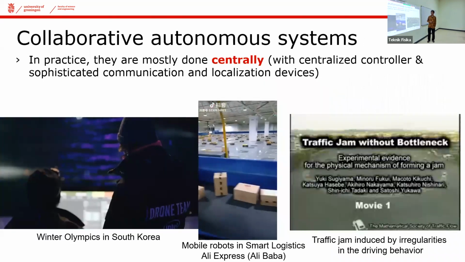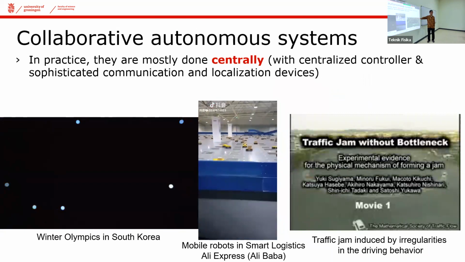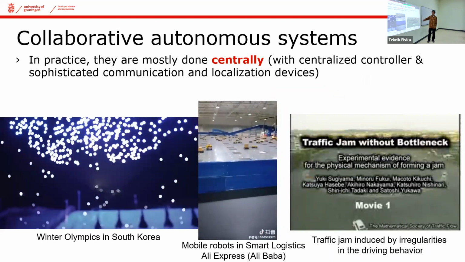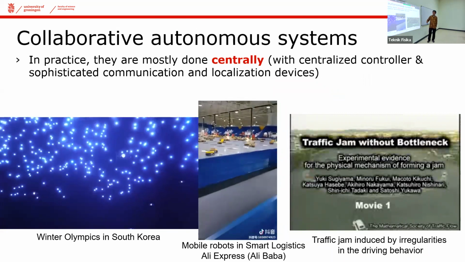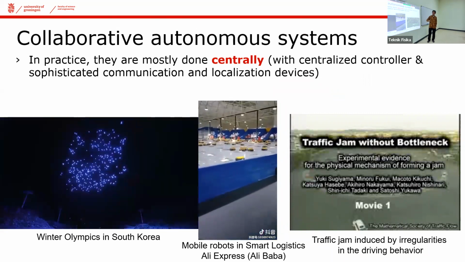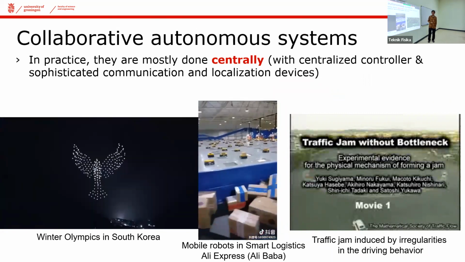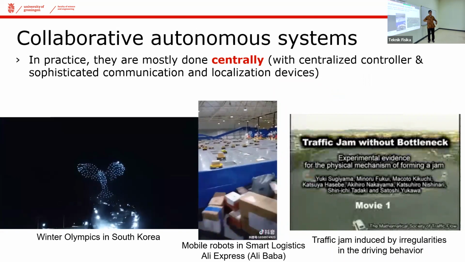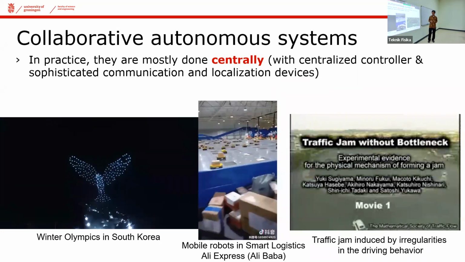Now, we've seen a lot of demonstrations in entertainment or even in logistics. The movies that you can see on the left, that is typically the use of drones for showing some kind of nice 3D animations of a certain figure. The movies on the left show how we use mobile robots to transport items in smart logistics systems.